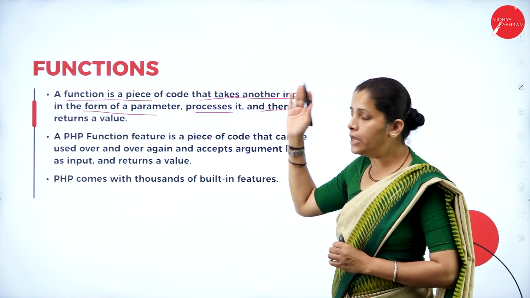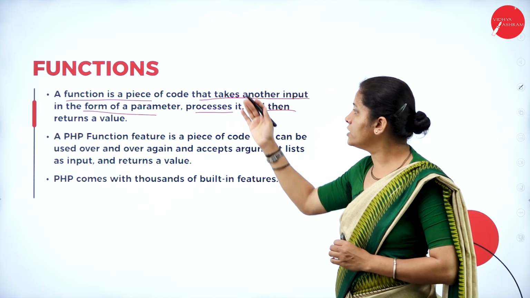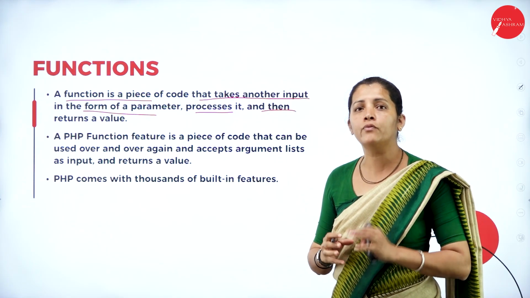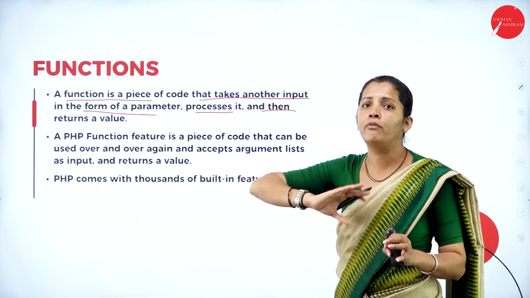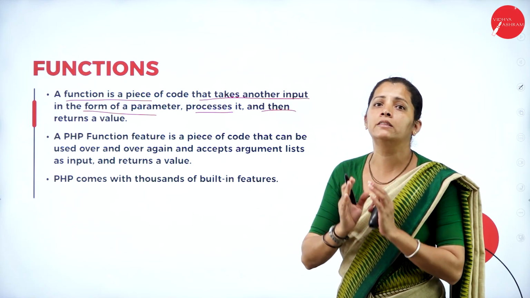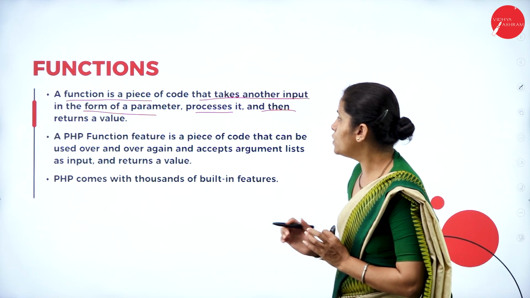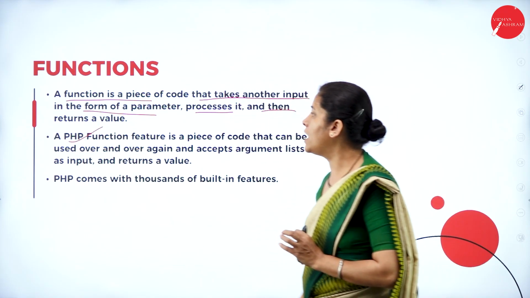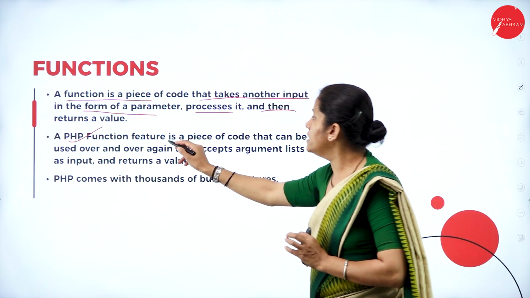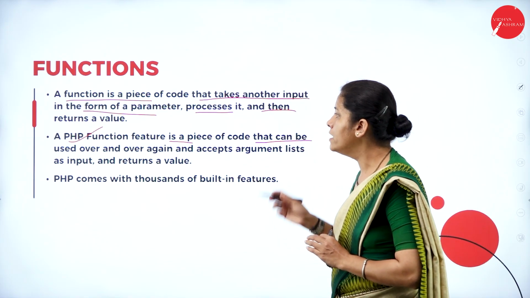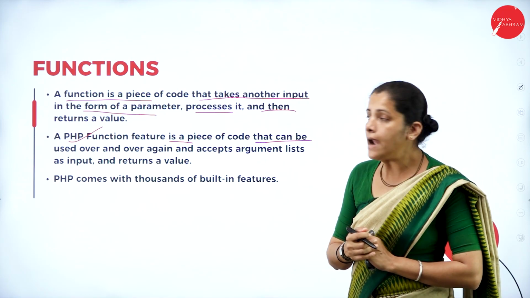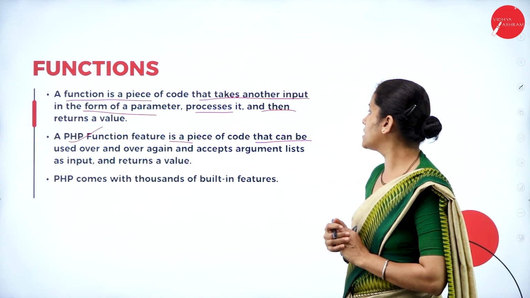According to PHP, functions are nothing but a piece of code that is capable of accepting the input, performing the operation and returning the output. So a PHP function is a piece of code that can be used over and over again and accepts an argument list as input.